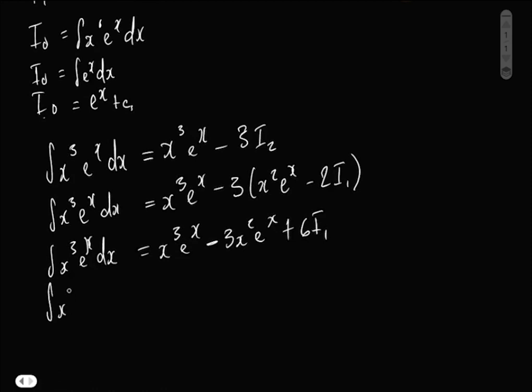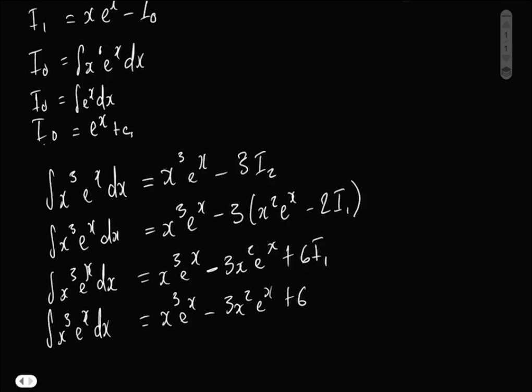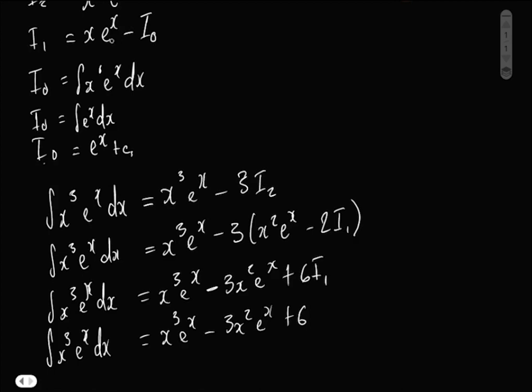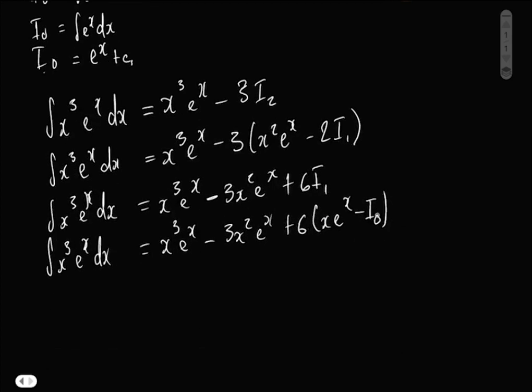This is therefore the integral of x cubed e to the x with respect to x is equal to x cubed e to the x minus 3x squared e to the x plus 6 times, what is your I1? My I1 is x e to the x minus I0. And what is your I0?